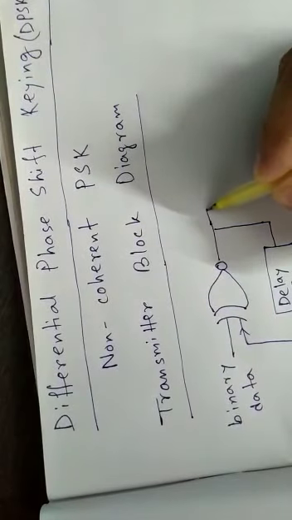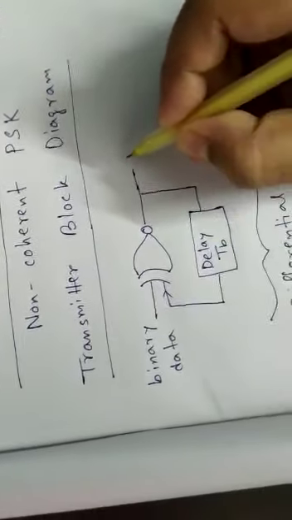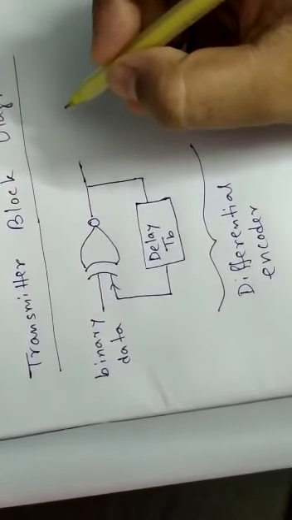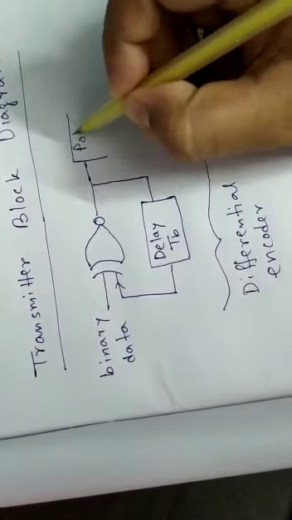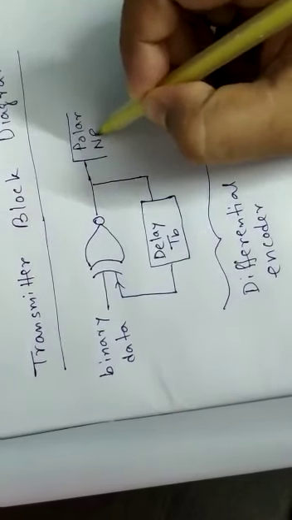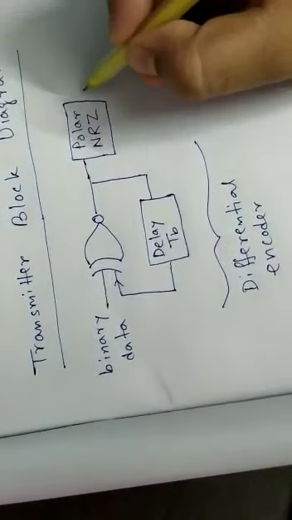And then you have a normal PSK. That means first you have a polar NRZ. Now this part is already discussed during our phase shift keying class.